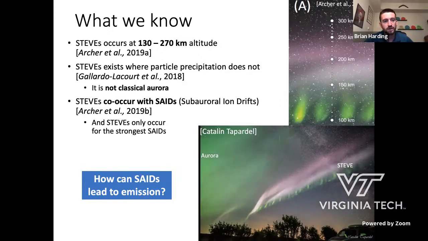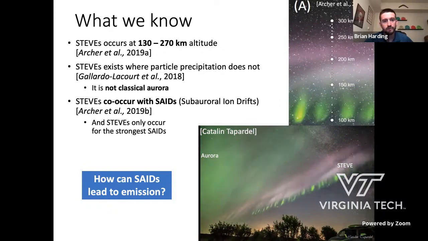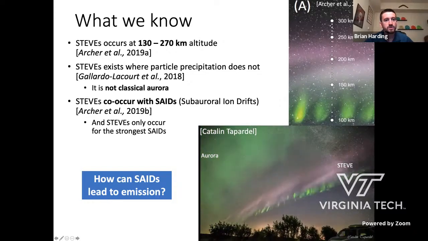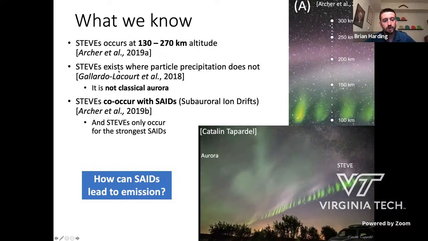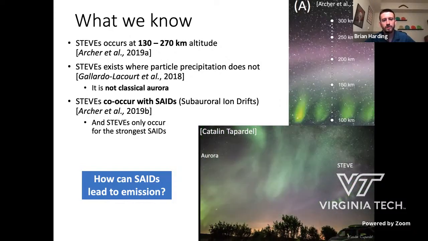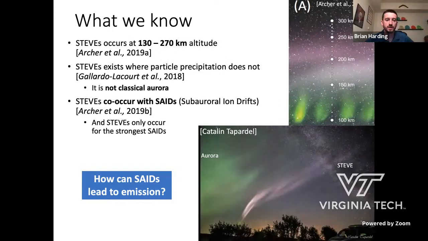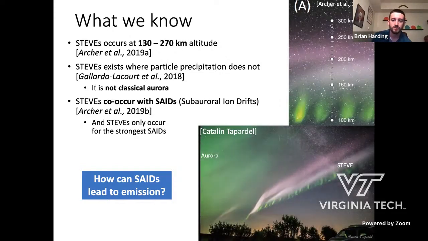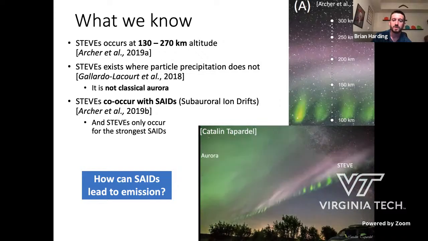If Carlos is right and this Steve continuum actually is a lot higher, I think that's really important information. So Steve exists where particle precipitation doesn't, so it's not classically aurora, and it co-occurs with SAIDs, although SAIDs aren't known to create light. So if it's not aurora, it's not sunlit aurora. These things happen at night.